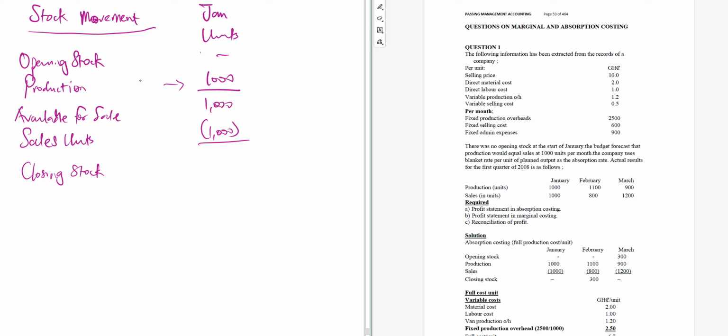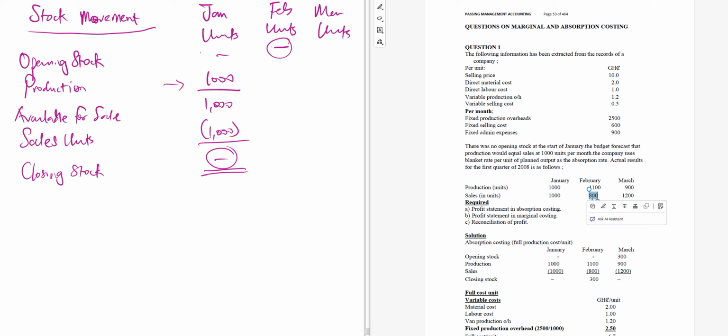So this was January, we can create February here, and we can create March here. There was no closing stock, so in February opening stock still becomes nil, because the closing stock becomes the opening stock. Then production, from what we have here, production and sales have been given in February as production of 1,100 units. So we have 1,100 units available, and then we only sold 800.